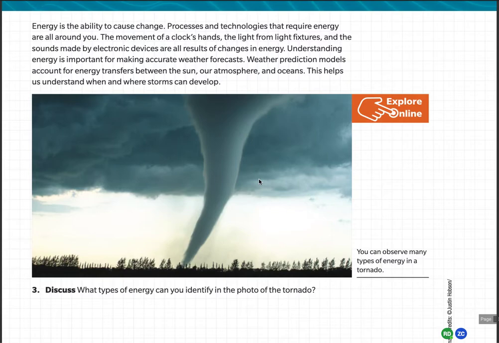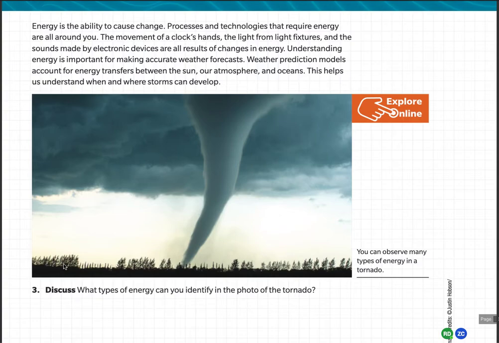Now you might not have all these because we're just getting into energy and forms of energy, but I would say there's heat energy because I know that tornadoes form because of the different temperatures in a storm. You can see that there is energy.